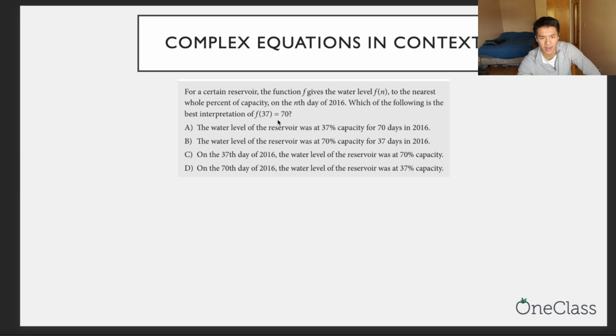As given right here, it represents the water level to the nearest whole percent of capacity. Put those two pieces together, and we get on the 37th day of 2016, the water reservoir is at 70% capacity.